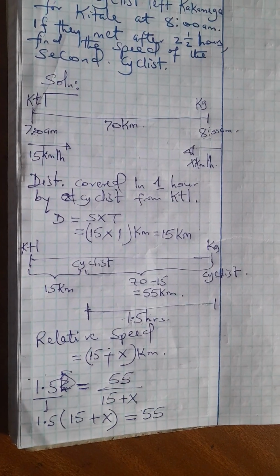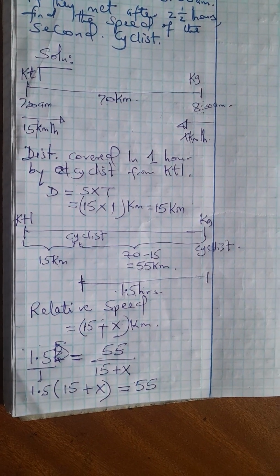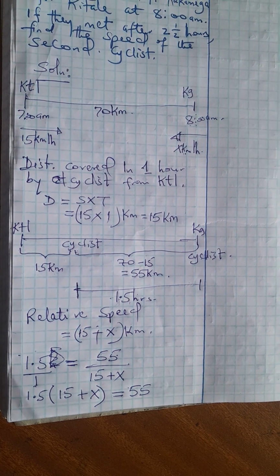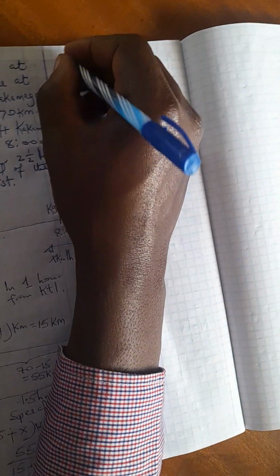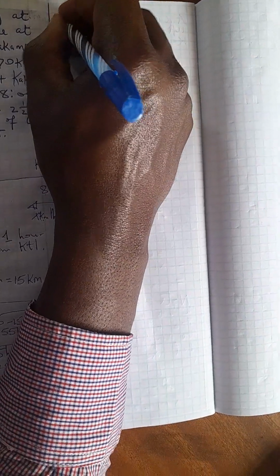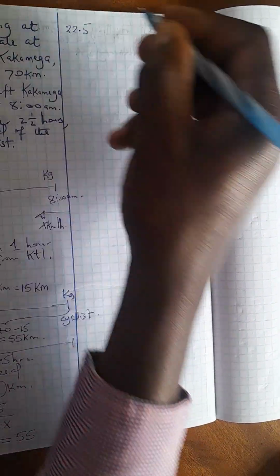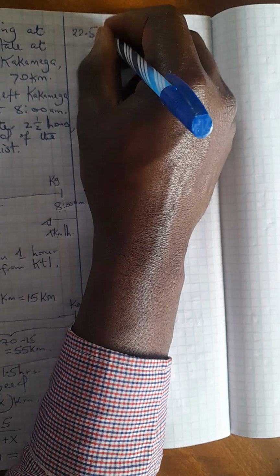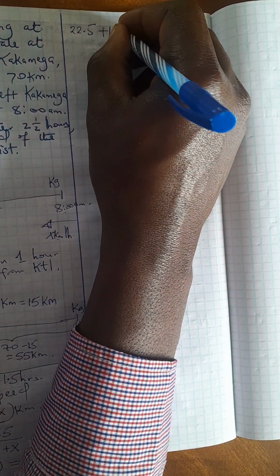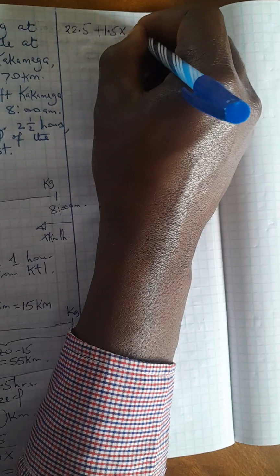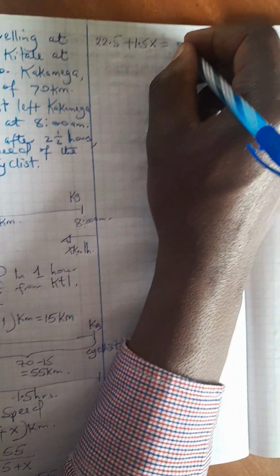We open the brackets. 1.5 times 15 is 22.5, plus 1.5 times x is 1.5x. Everything equals 55.